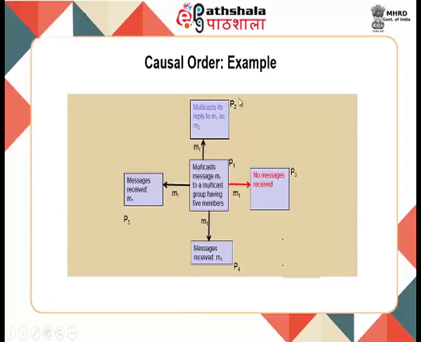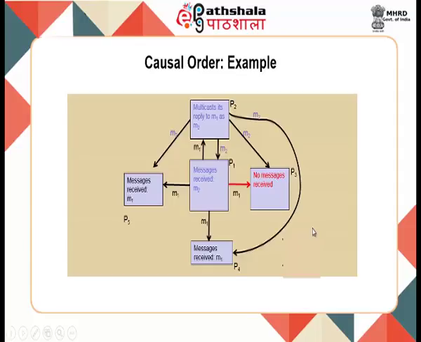Now, P2 in response to M1 sends a message M2, and M2 will be sent to all the processes. If M2 is received by P3, P3 does not understand the message M2. So, the order in each of these will be M1 followed by M2.